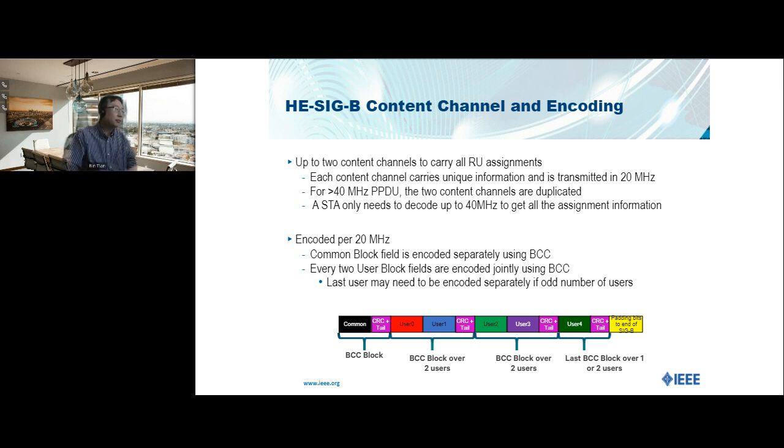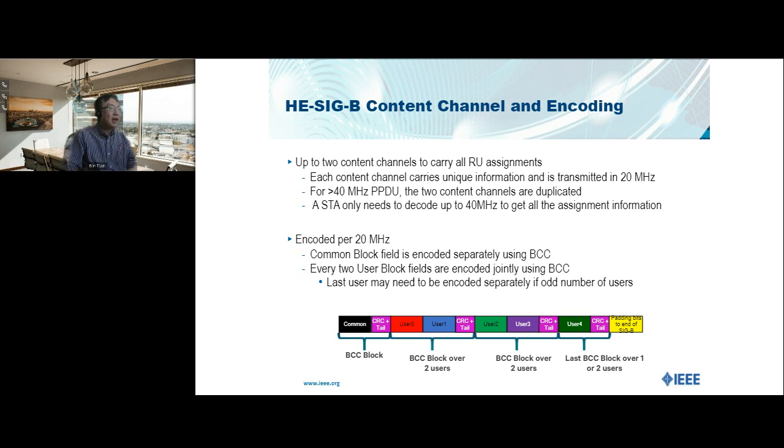Okay. And from the encoding point of view, each 20 megahertz is encoded together, so you first have the common field, plus CRC, and you form the BCC encoding block. Then after that, remember they have user-specific fields. So each two user-specific fields, we encode them together.